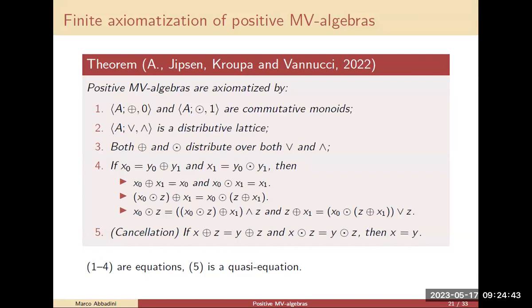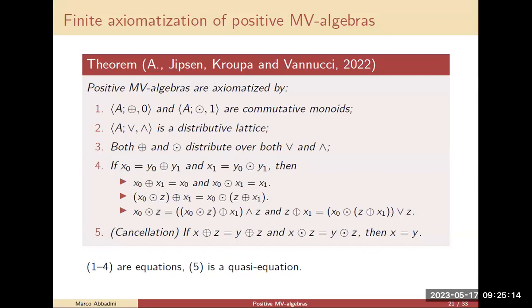What is that distinction, equation versus quasi-equation? Okay, yes. So an equation is an identity. So it's an equation of two terms, tau 1 and tau 2, and here I'm quantifying.